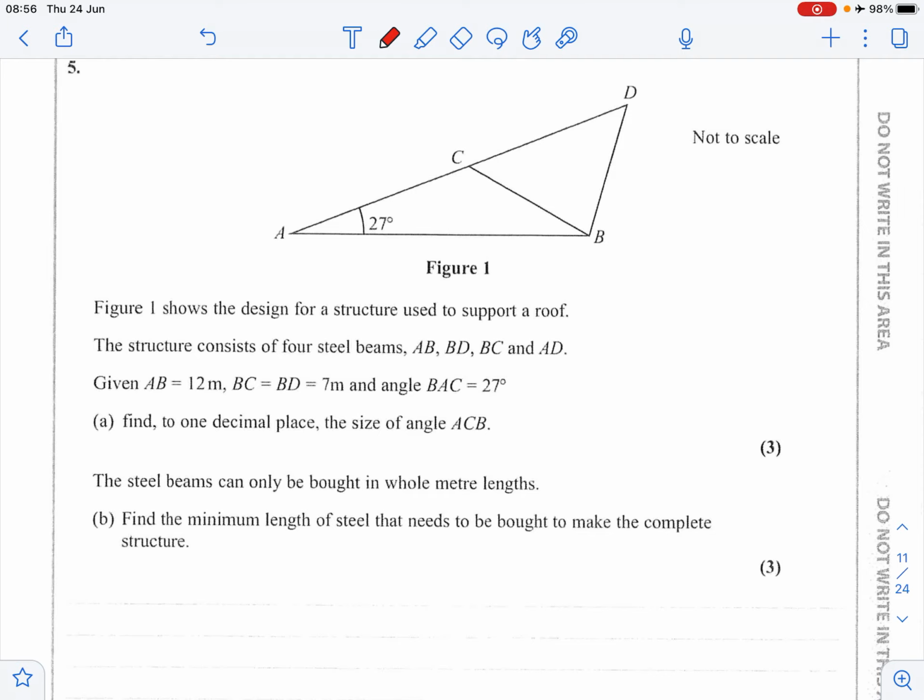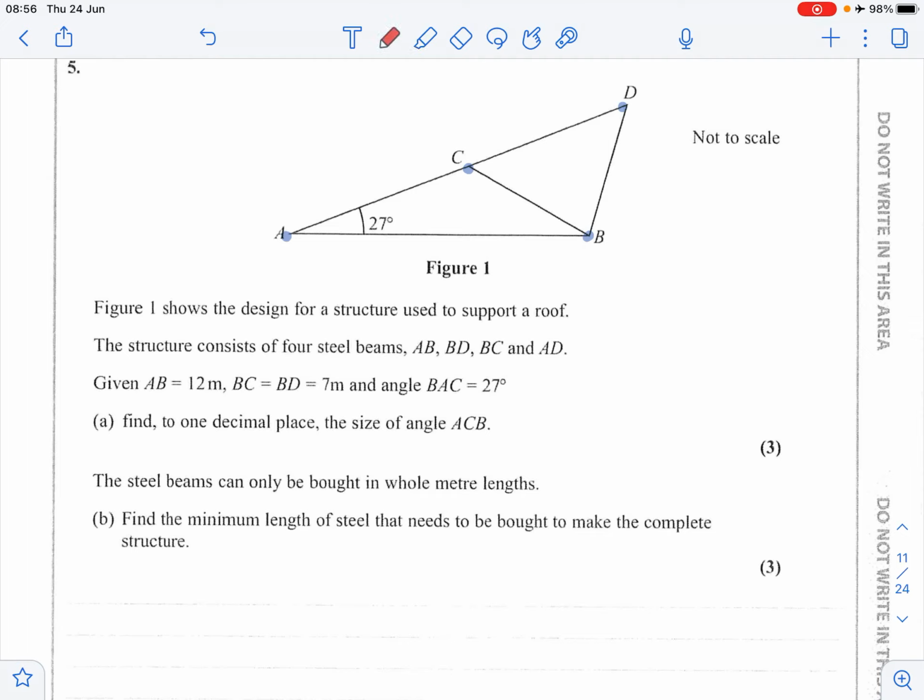So this figure shows the design of a structure used to support a roof. The structure consists of 4 steel beams, so AB, BD, BC, and AD.